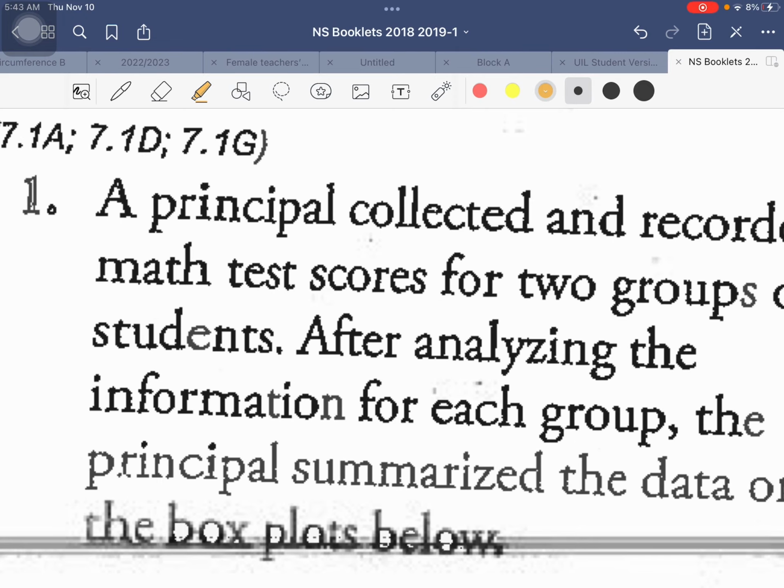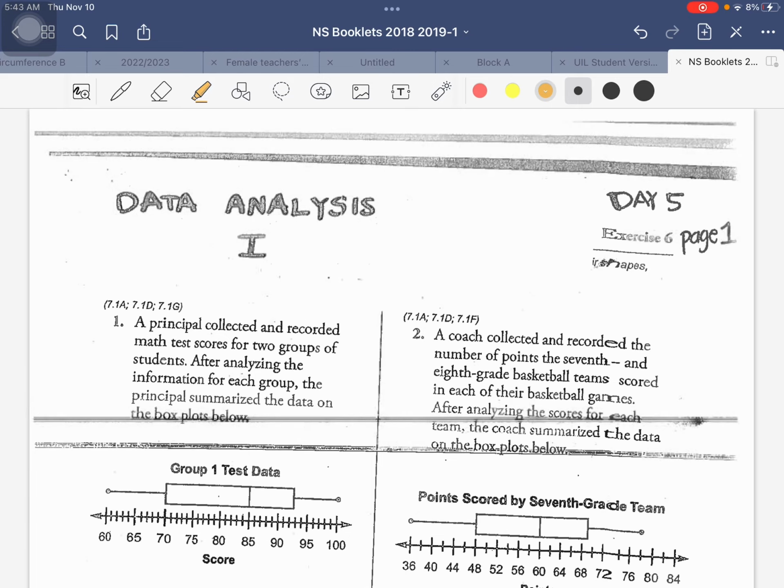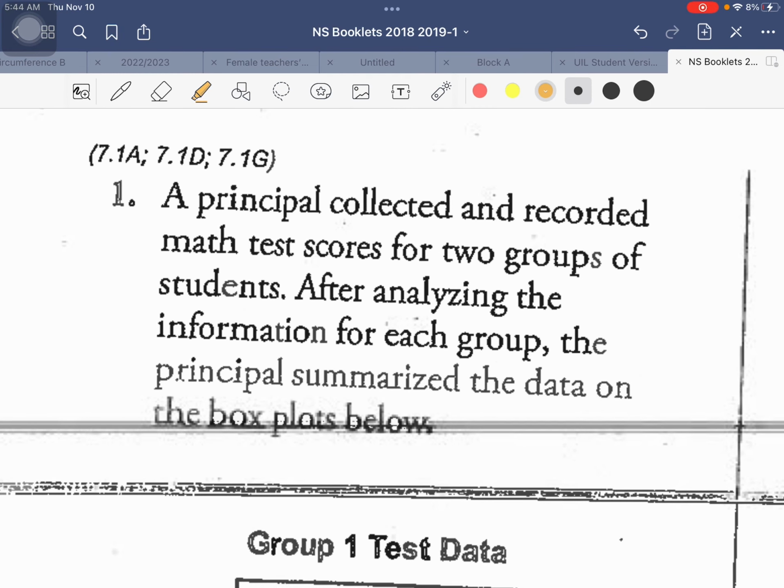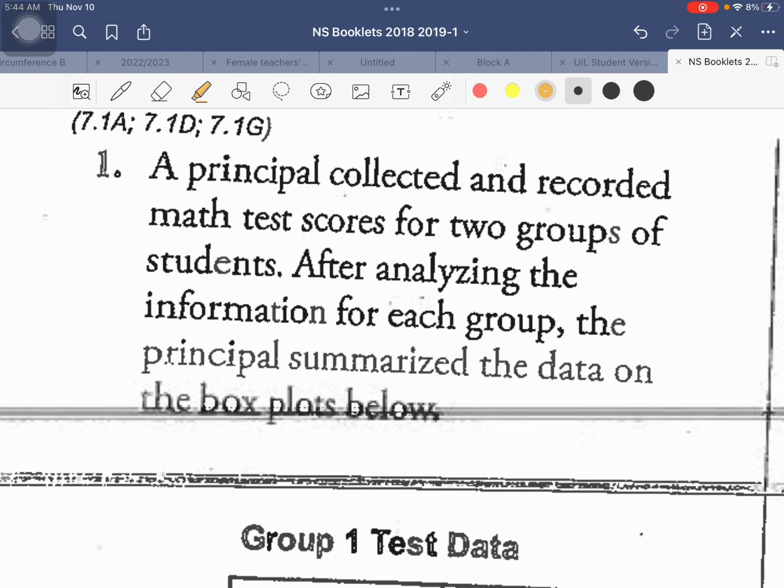Now, number 1 in this little packet that you should be able to do without any problems is asking for median, is asking for range, it's asking for all that. Number 1. A principal collected and recorded math test scores for 2 groups of students. Okay?